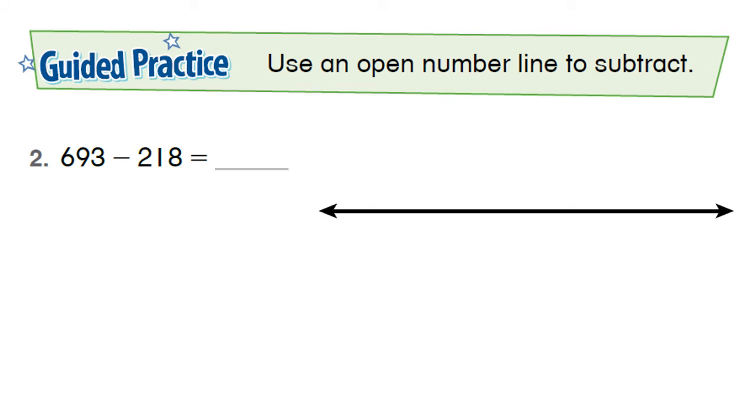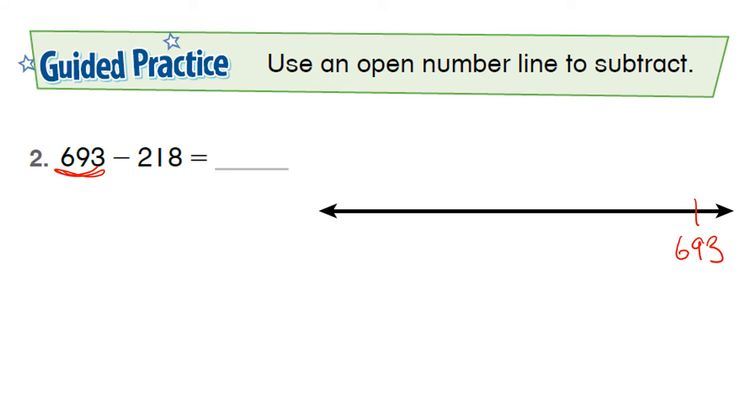This is number 2 on the guided practice. 693 minus 218 equals what? We're going to start with the minuend, which is the larger number in a subtraction problem. And we're going to place it on the right-hand side of the open number line. We're going to subtract 218, but we're going to do it one place value at a time.